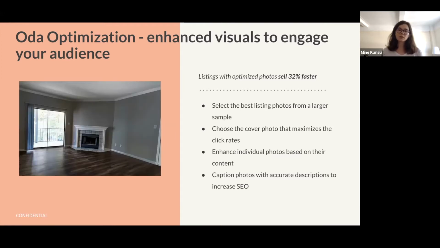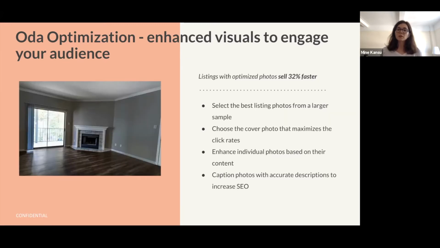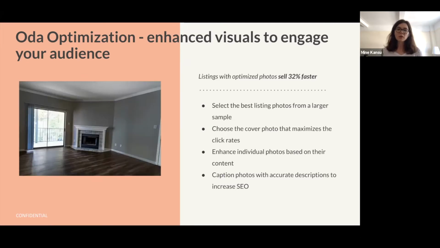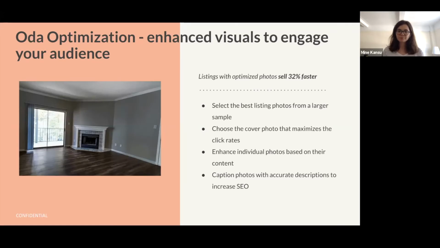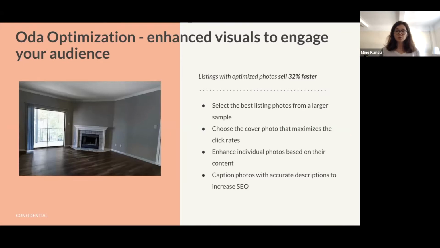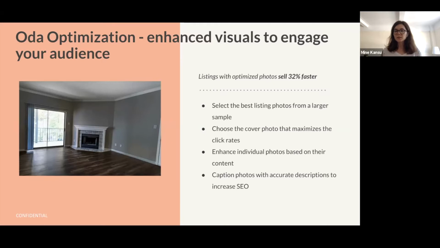For example, in this listing, you see a fireplace in the living room, and if that's not listed on the listing created by someone else, we're able to autofill that information through our pipeline. So you're getting a lot more from the assets you have.